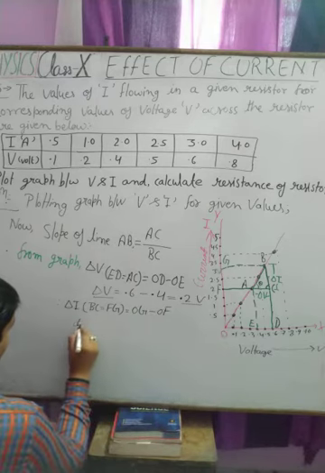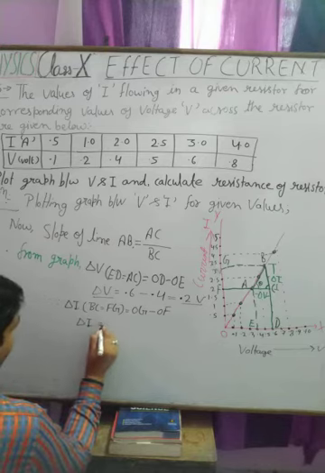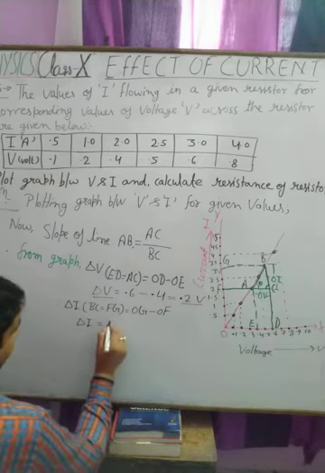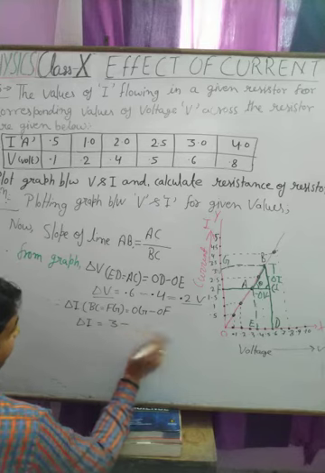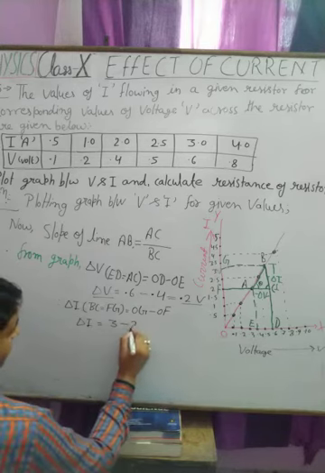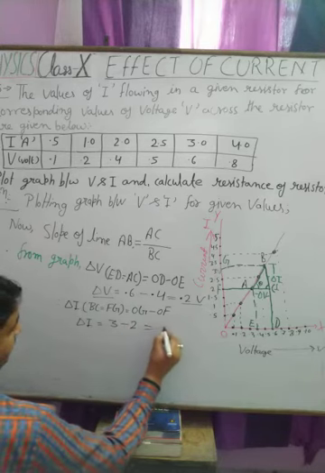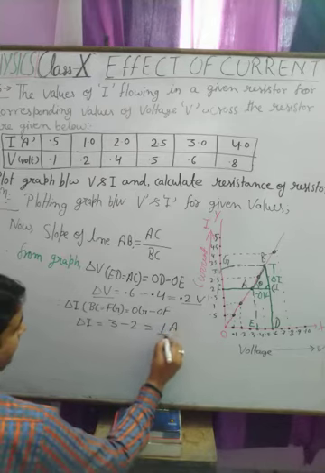We are getting the value of del I is equal to 3 minus 2, that is 1 ampere.